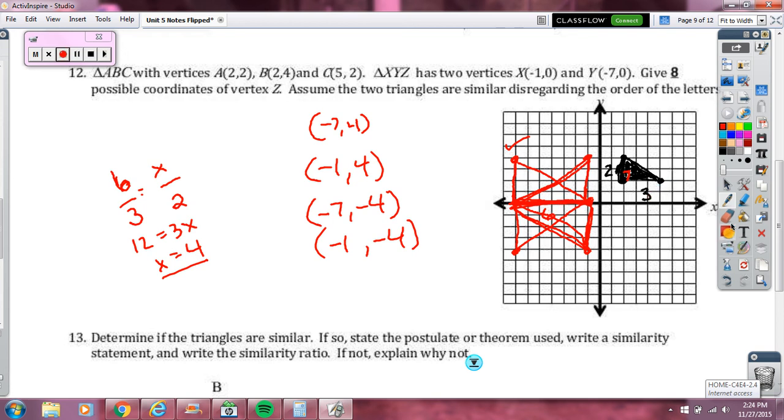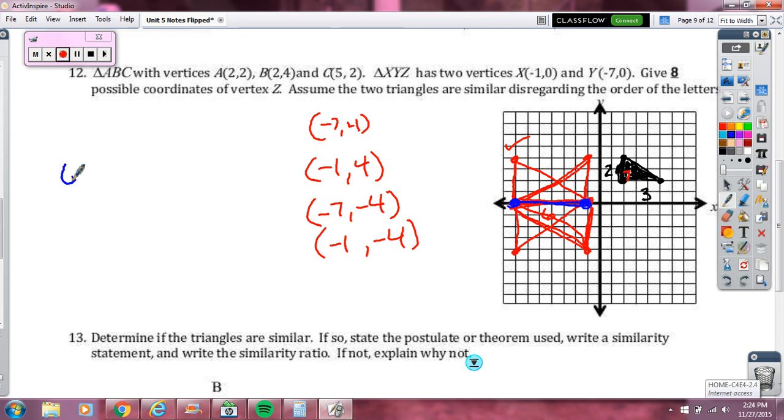Now, the other points that I'm going to get, the other 8, are going to come from me matching up the 6 that goes between the 2 points they gave me with that side that's 2.